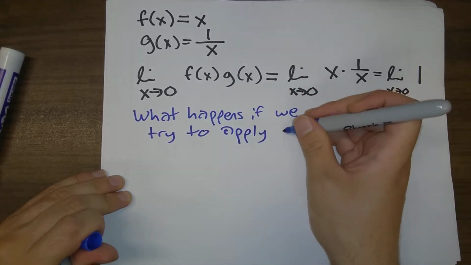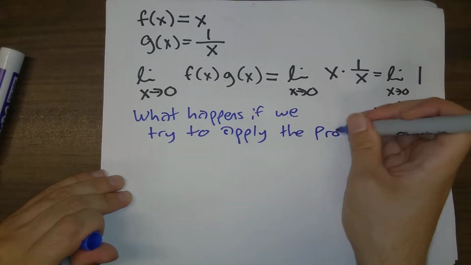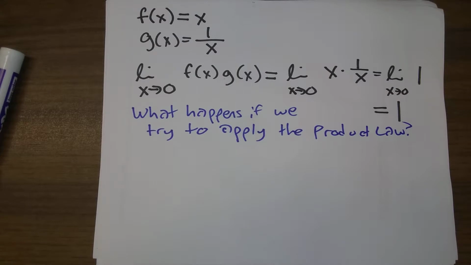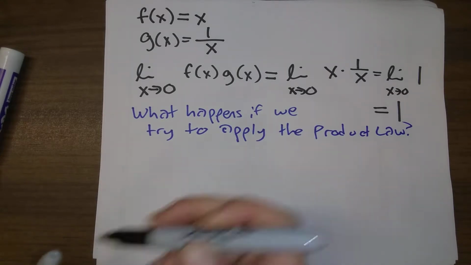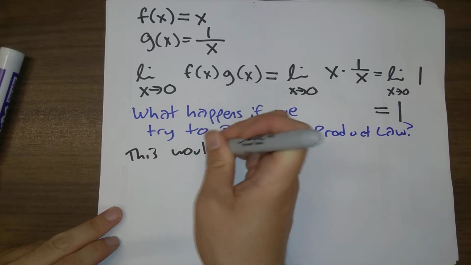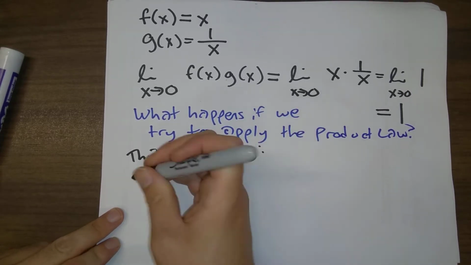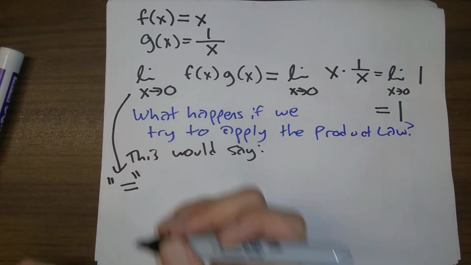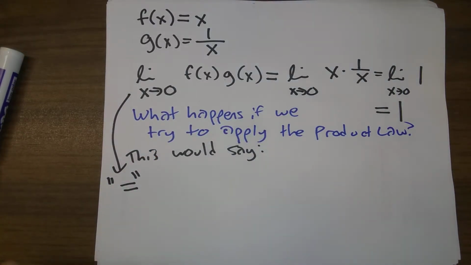So we try to apply the product law. Weird things happen. The product law would say, so I'm going to put this equals here, but I'm going to put the equals in quotes because we'll see that something goes very wrong and we're not allowed to do this.